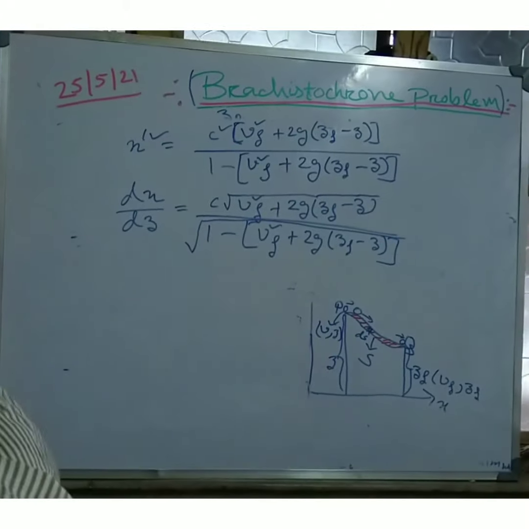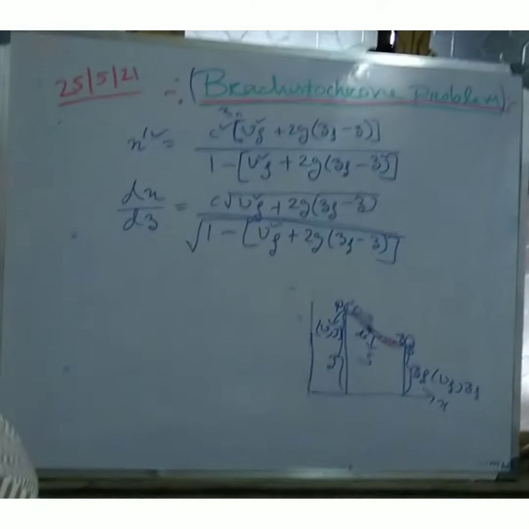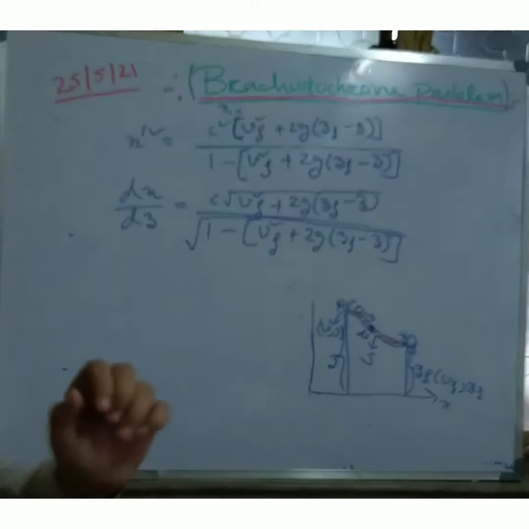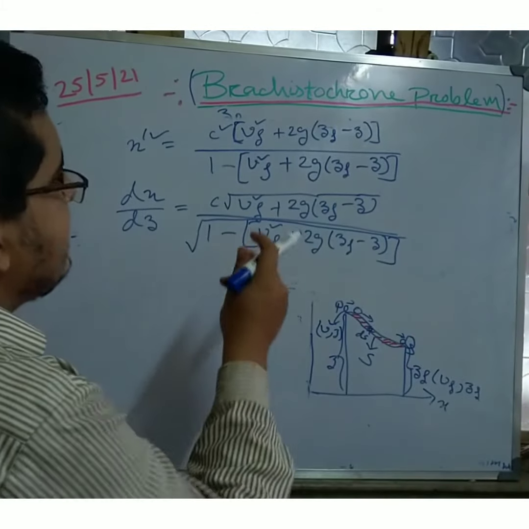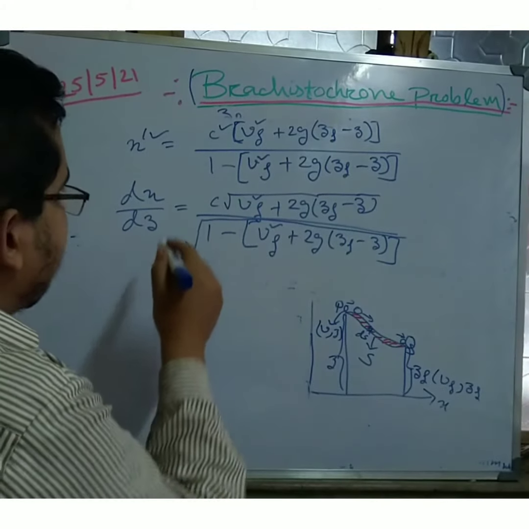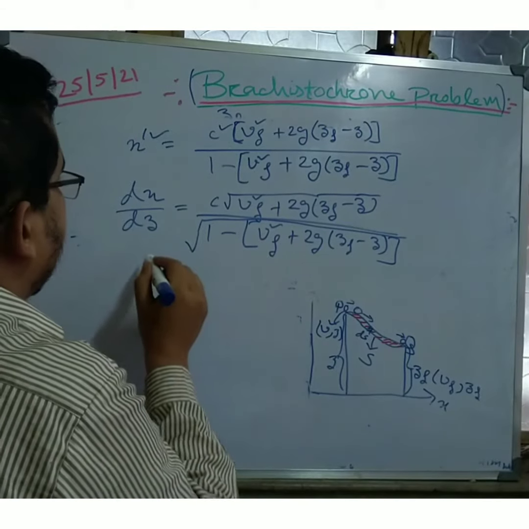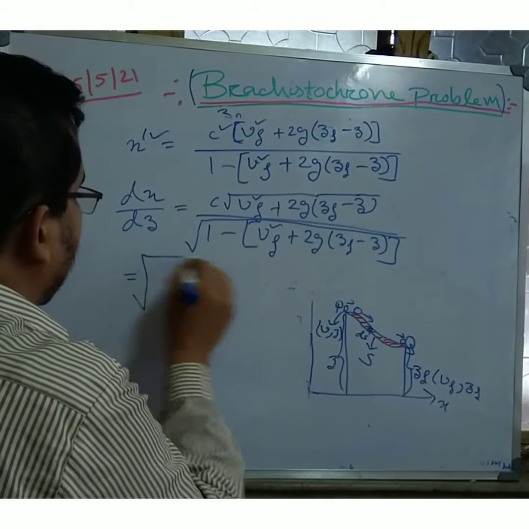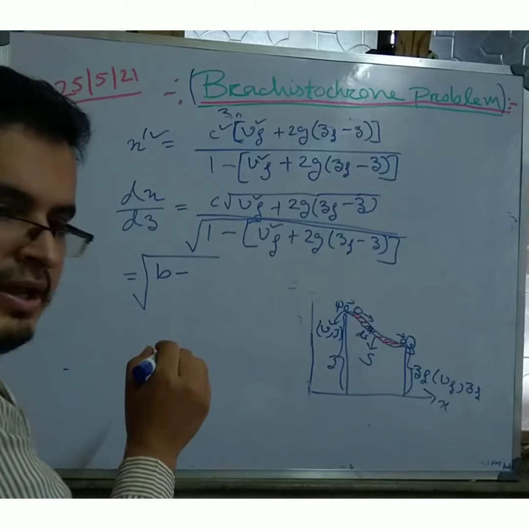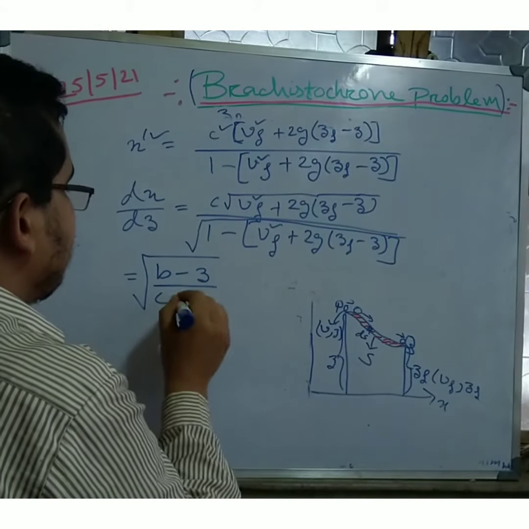Next, friends, whatever I have to find out is the x value. So friends, it can be written. You will see that it is my total fundamental, and dx by dz can be written root over b minus j and c minus j.